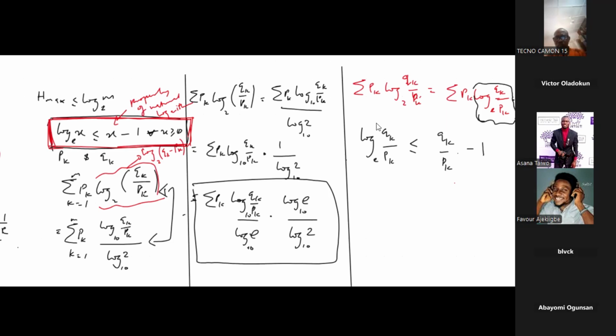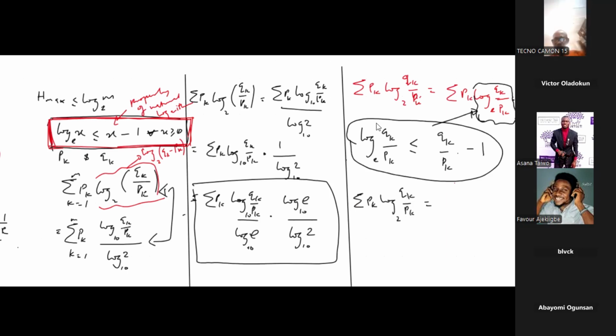Now, if that is clear, it means that we can substitute this parameter into this expression. And when we do that, we see that sigma p sub k log q sub k over p sub k base 2 will now be the same as sigma p sub k, which we have here.